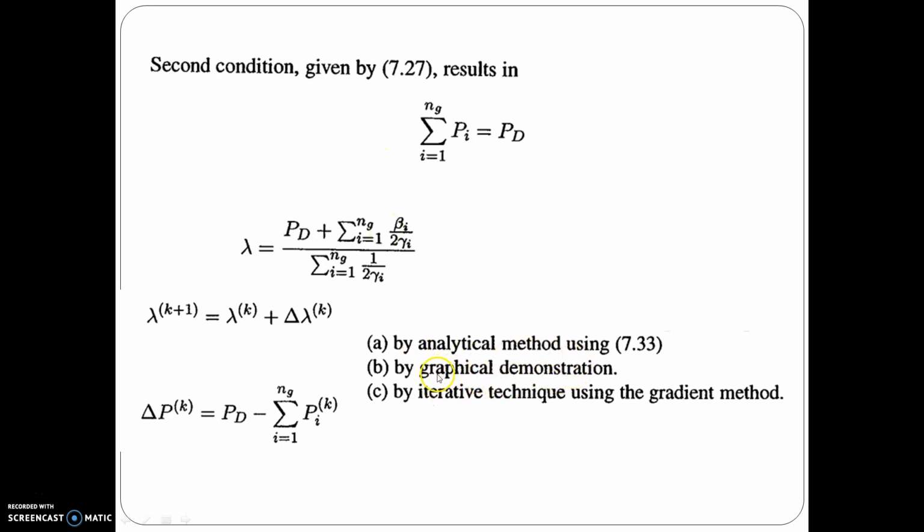Graphical demonstration is nothing but drawing the cost curves so that we get the common lambda value. From this value we can get individual generation and total cost.